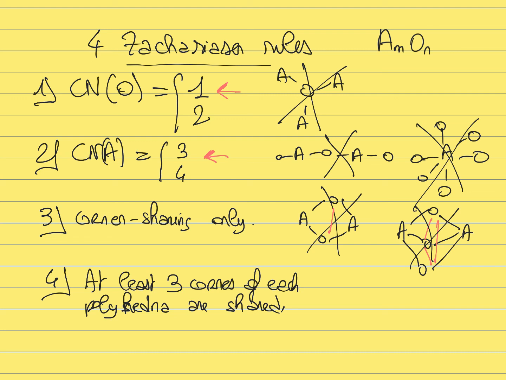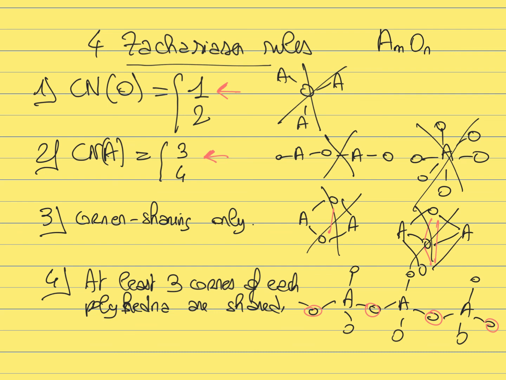For example, if you have a cation atom here forming a tetrahedron, and only 2 of the oxygen are shared, then all you would be able to form is chains like this, where only 2 of the corners are shared. You would form just an infinite chain like this. That would not be enough to form a 3-dimensional structure. So this condition captures the fact that the connectivity needs to be high enough to form a 3-dimensional structure.